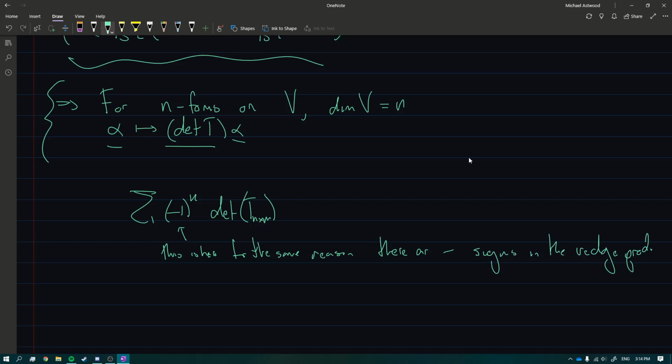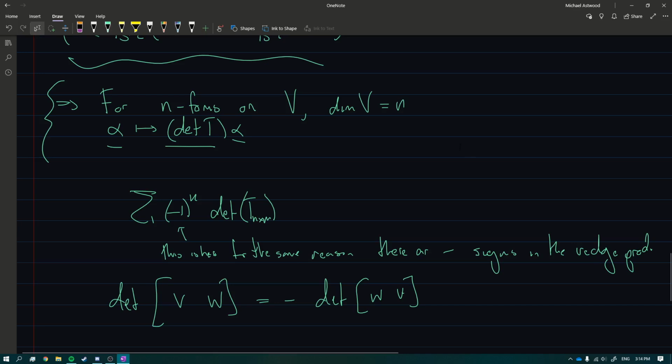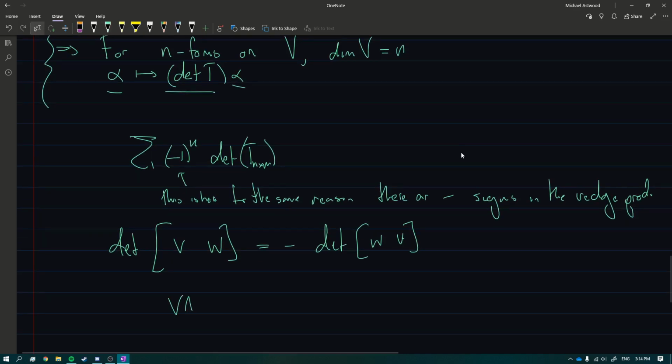It's because if you were to exchange two columns of the matrix, you should introduce a minus sign. Same with a wedge product, if you exchange two of the vectors or the covectors in the wedge product, you get a minus sign. So determinant of VW is negative the determinant of WV, and similarly V wedge W is negative W wedge V. So these two go hand in hand.